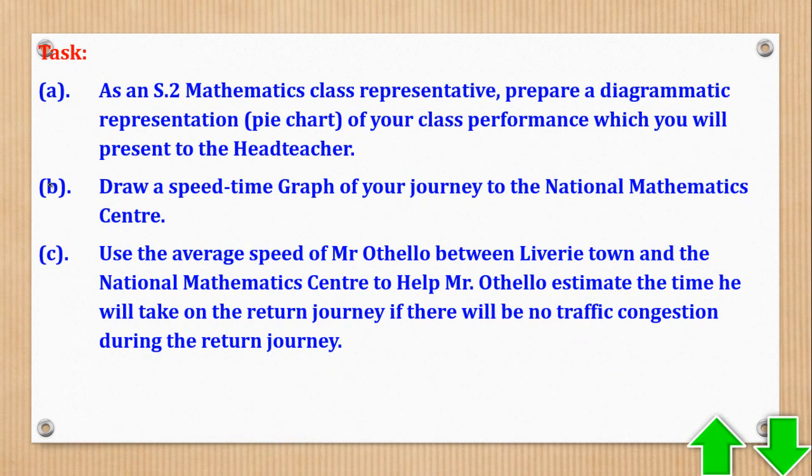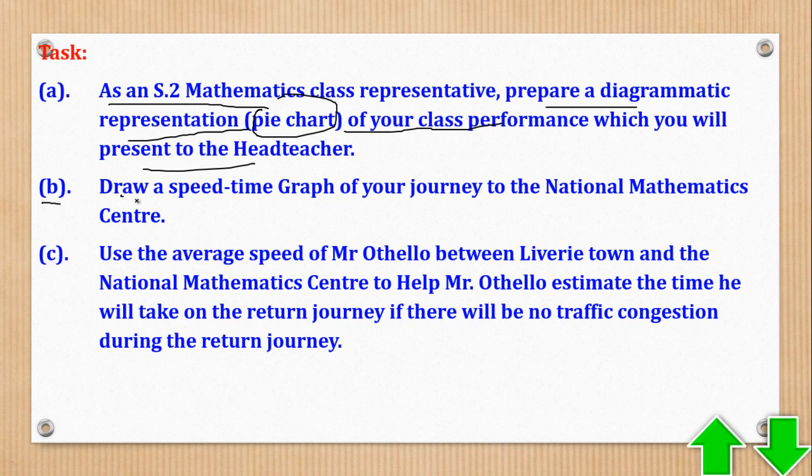Then the task: Part A, as an S.2 mathematics class representative, prepare a diagrammatic representation, in particular a pie chart of your class performance which you will present to the head teacher.